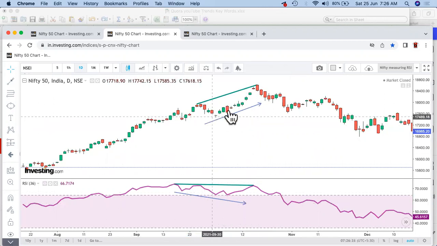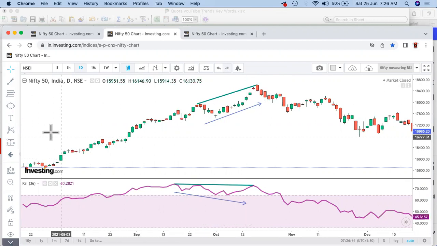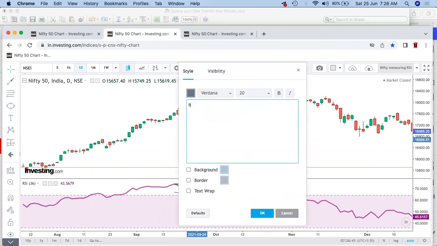When the price is going in one direction, that is upward, but the RSI has been moving in the opposite direction, that is downward. So this is called divergence, going in separate ways, right? So this is called bearish divergence.